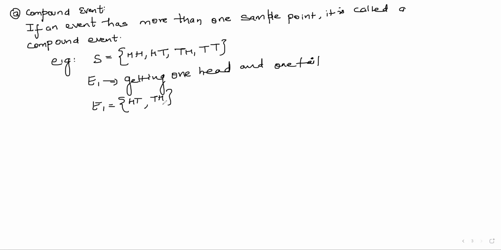So this event has two outcomes. That's why this is called a compound event. A simple event has only a single outcome, and a compound event has more than one outcome. So this is a very simple definition. Please note down this, confirm, then we will do the next.